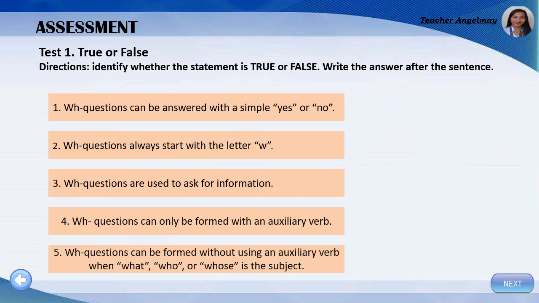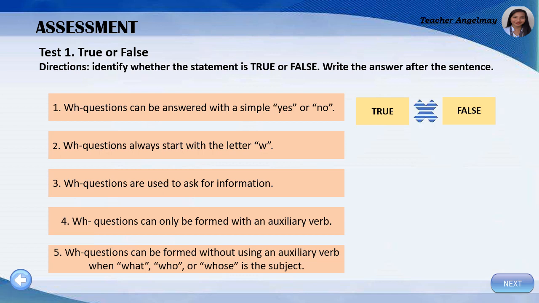Okay, let's have an activity. Task 1. Identify whether the statement is true or false. Write your answer after each sentence. Number 1. WH questions can be answered with a simple yes or no. What is the answer?